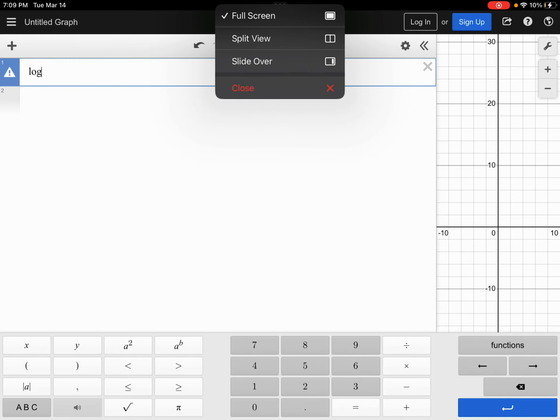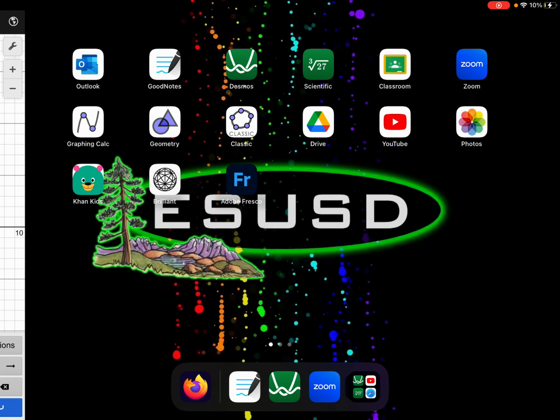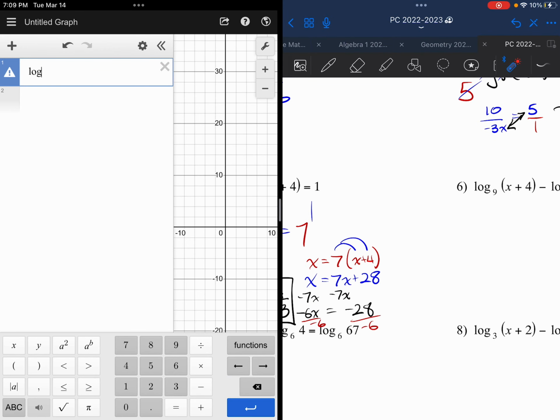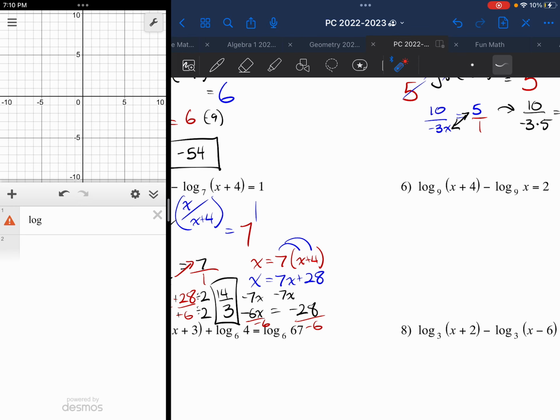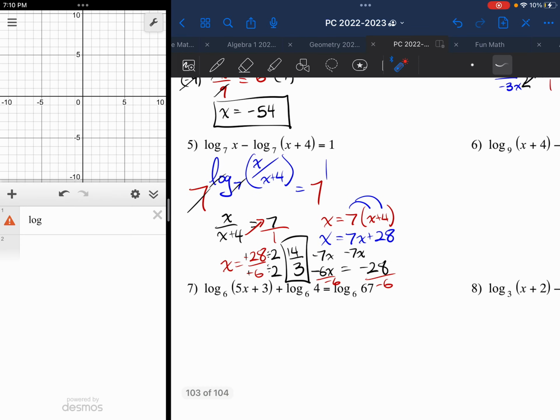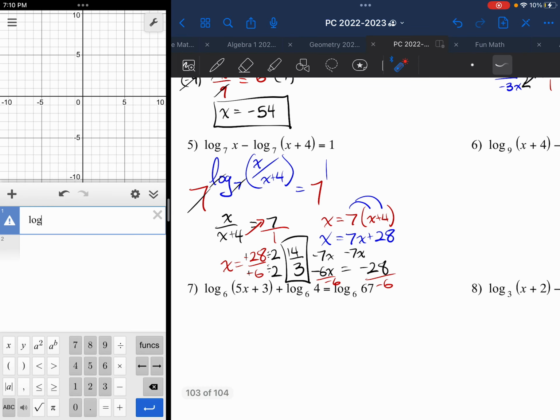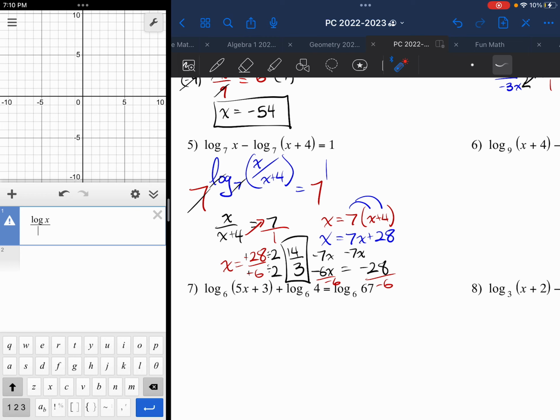Let's go ahead and see what the original problem looked like. So this is going to be log of x, and that's all divided by log of 7.